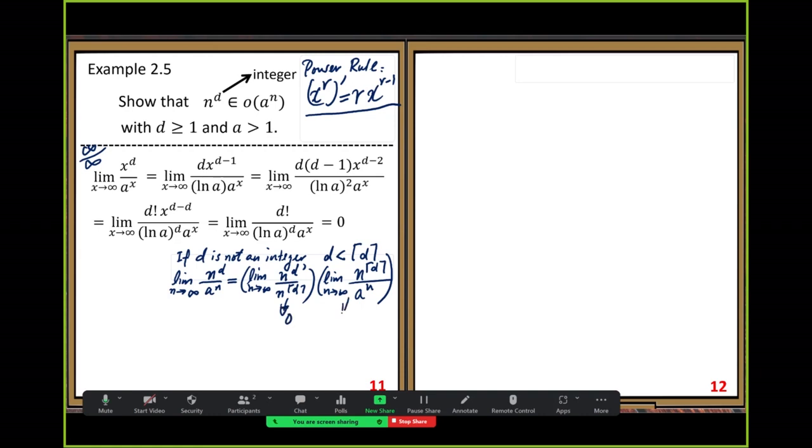The second one we just proved, since the ceiling function of d is an integer, we proved the integer version. So the second one is also 0. 0 times 0 is 0. So we make it.